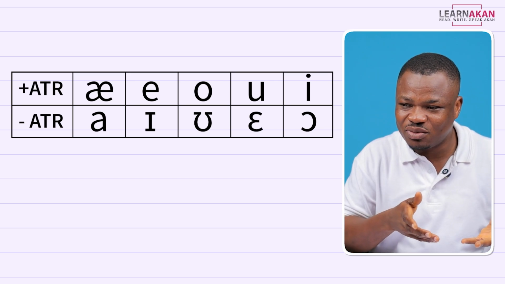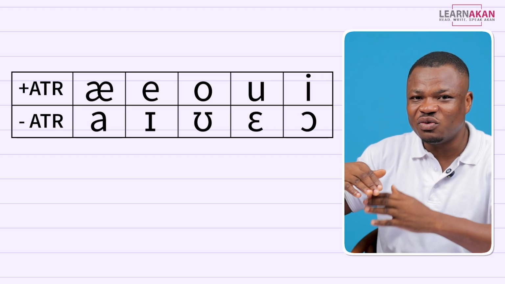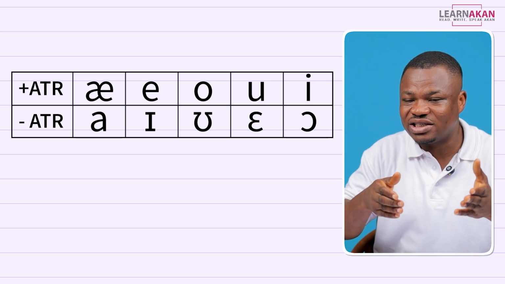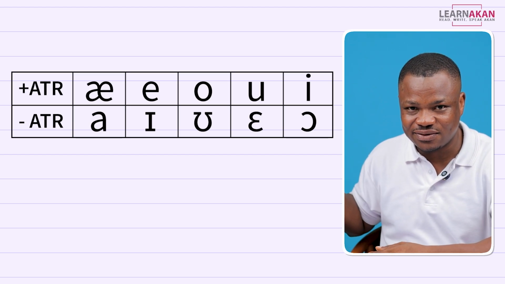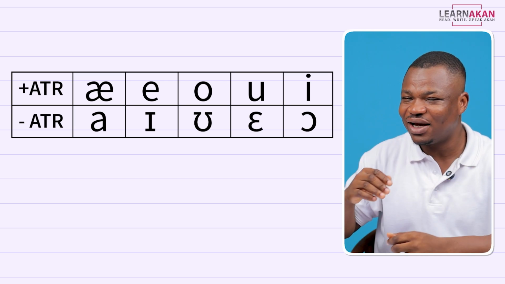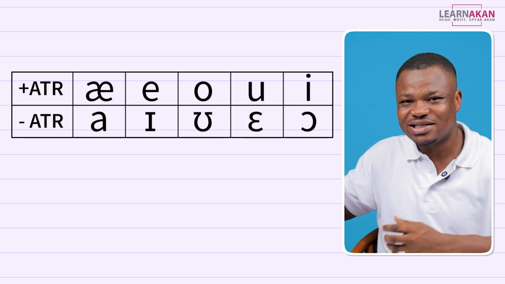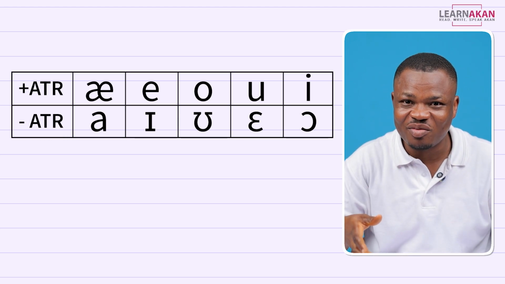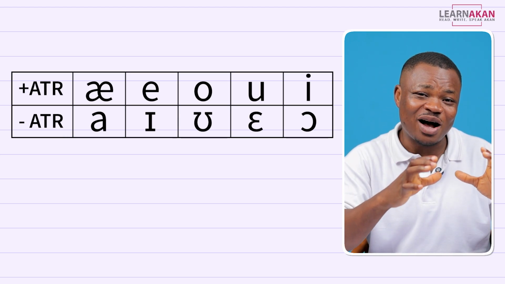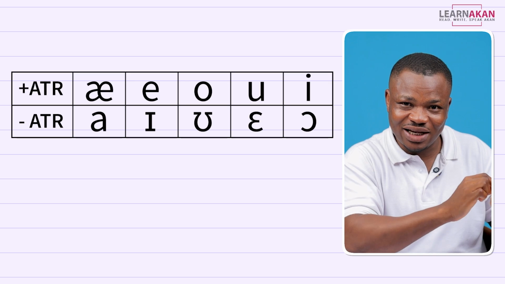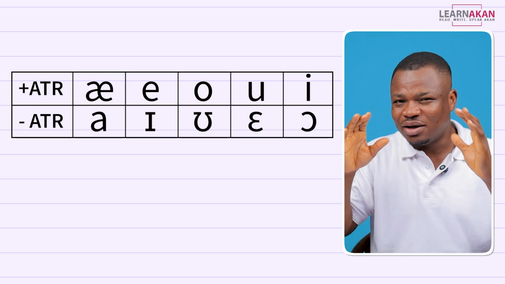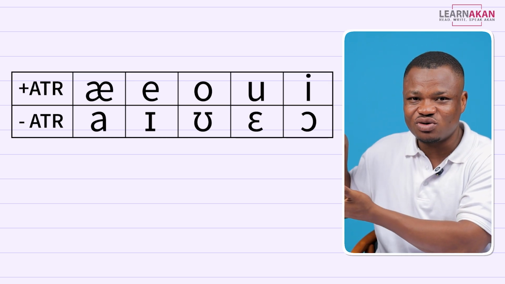So as much as possible, the vowels that you find within an environment will be restricted to one of these sets. So in most cases, you will not find vowel sounds from the two sets mixed together within an environment. And we are talking about vowel sounds here, not just the letters. So in most cases, you don't find them mixed together.